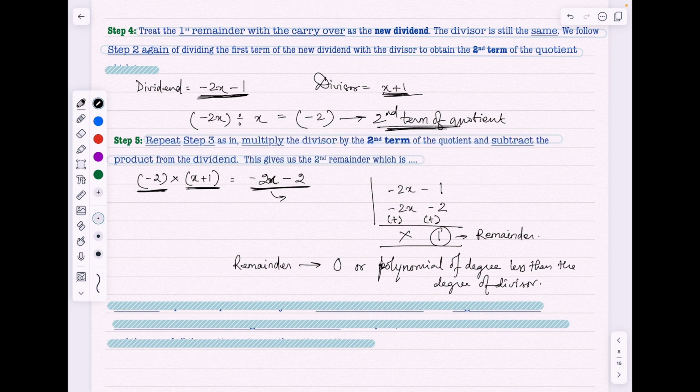Repeat step 3, as in multiply the divisor by the second term of the quotient and subtract the product from the dividend. The same second and third steps will get repeated every time because the dividend is changing, the numbers will get changed ultimately. But when you have to stop the division process, see this remainder part or the new dividend part, when you are getting a 0 or a polynomial of degree less than the degree of the divisor.